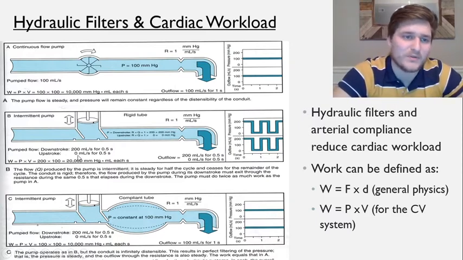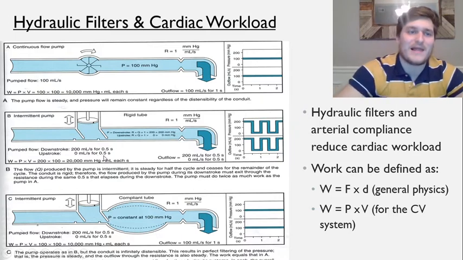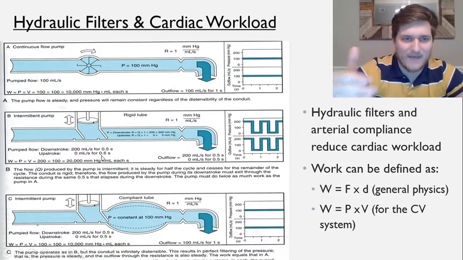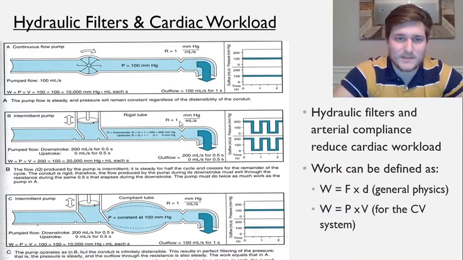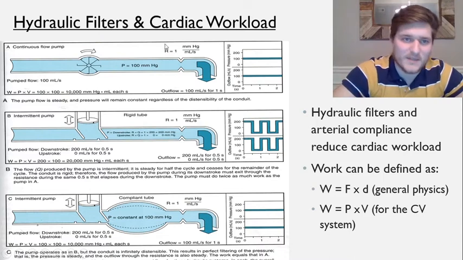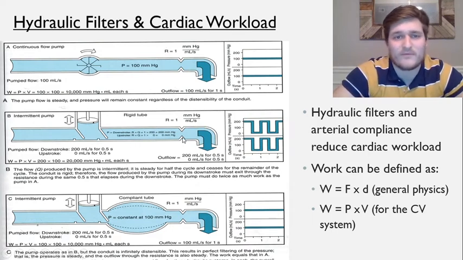And then it's producing nothing during the other half a second, right? And so when you have a rigid tube, this resistance is going to be the same as the first one, just to make things equal. But basically what you get as far as outflow is concerned is 200 milliliters per second.